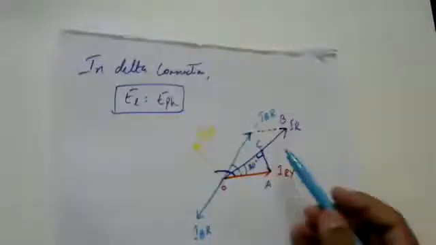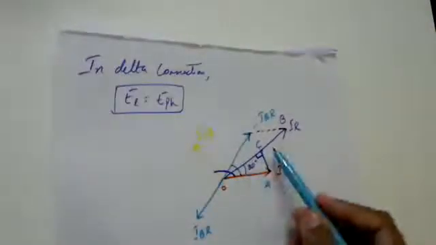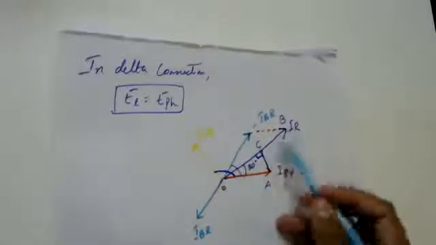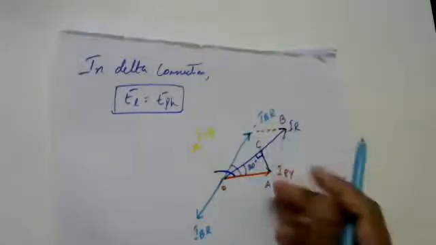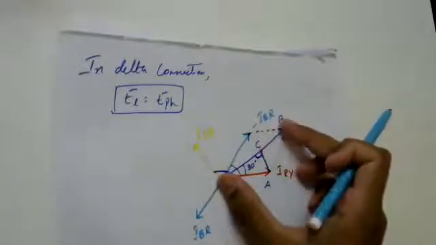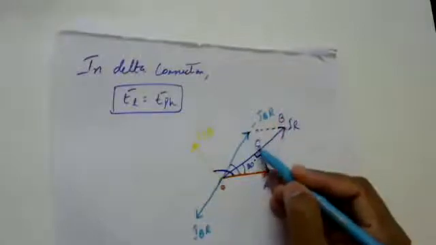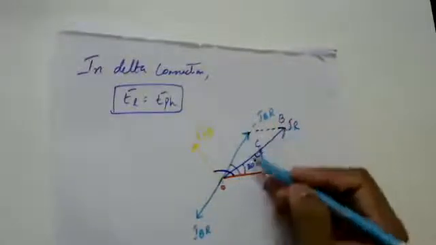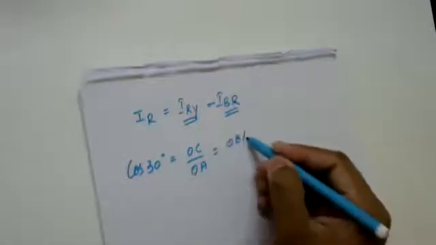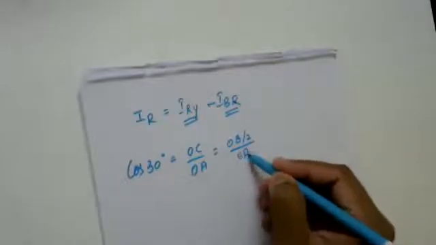I can write this OC as the entire vector OB divided by 2, because this point C is standing midway of the vector OB. So I can write OC as OB by 2 divided by OA.